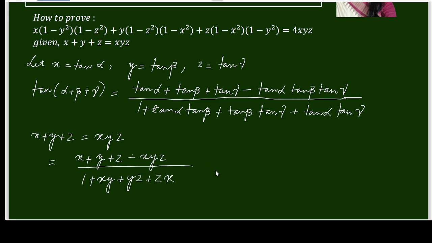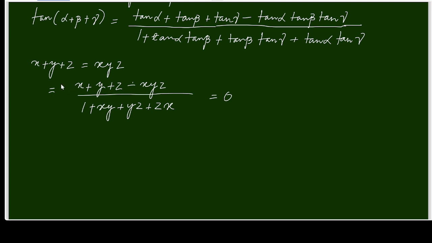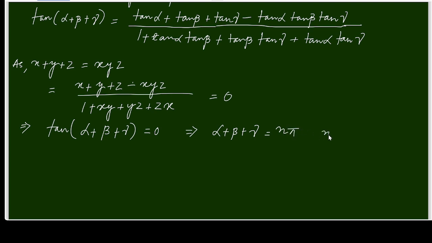So this numerator will become 0, since given x plus y plus z equals xyz, so tan of alpha plus beta plus gamma equals 0, because the numerator of the right hand side becomes 0. That means we can say alpha plus beta plus gamma equals n pi, where n is an integer.